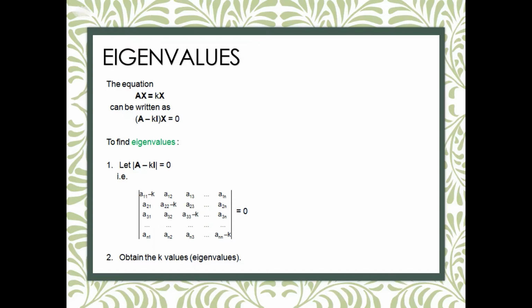To find the eigenvalues, first assume that the determinant of A - kI equals 0. Then, solve the determinant to find the values of k, which are known as the eigenvalues of matrix A. If the square matrix is of order n, we should obtain n eigenvalues.